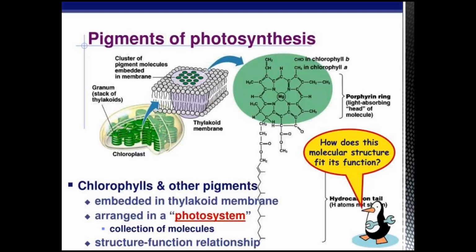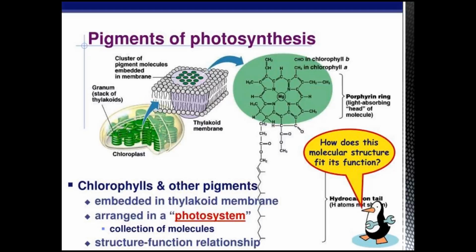Next, other pigments. One is the primary pigment, another is the accessory pigment. Other pigments such as chlorophyll B and carotenoid are called accessory pigments, as they pass on absorbed energy to the chlorophyll A molecule.